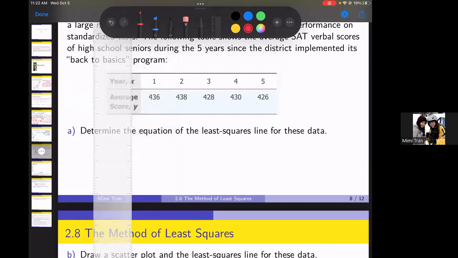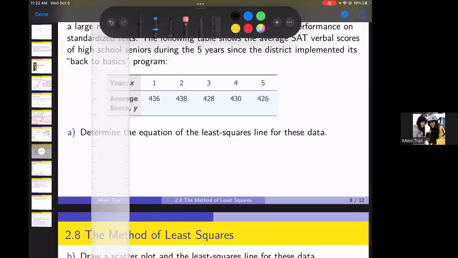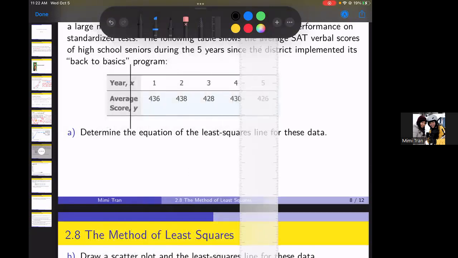I'm lazy, so I'm going to do this. On the exam, you can do this if you want to. So x is 1.